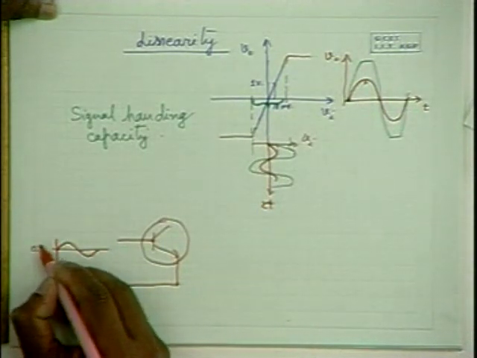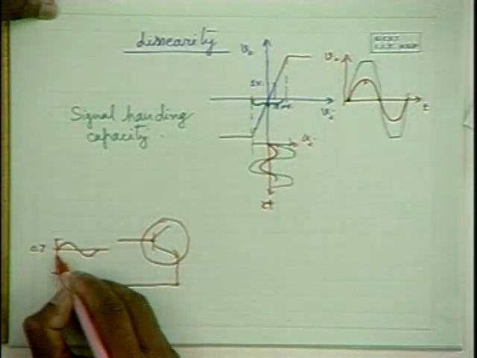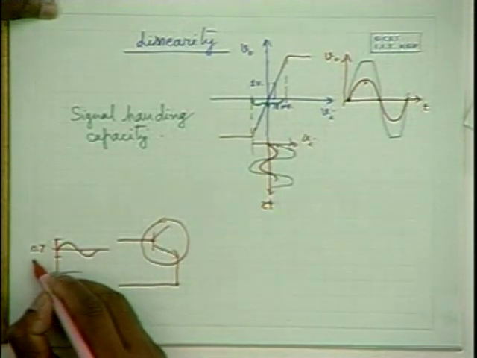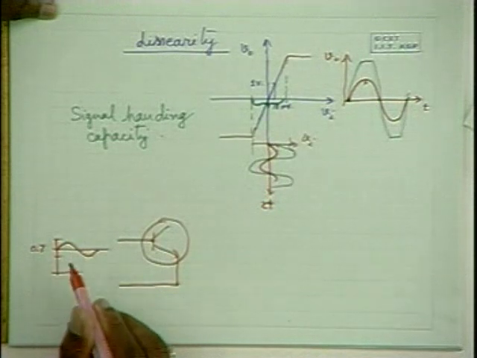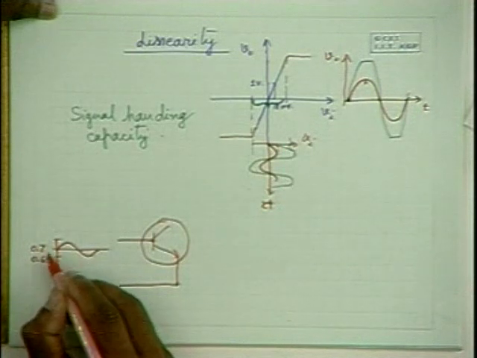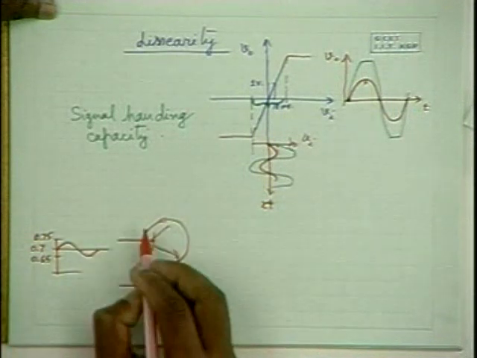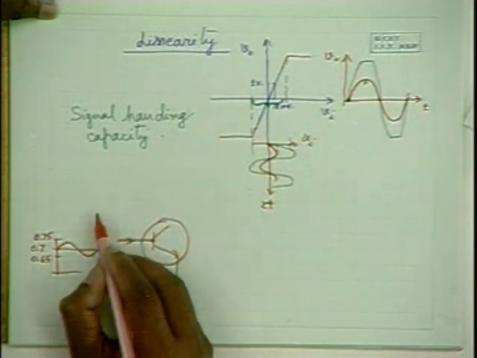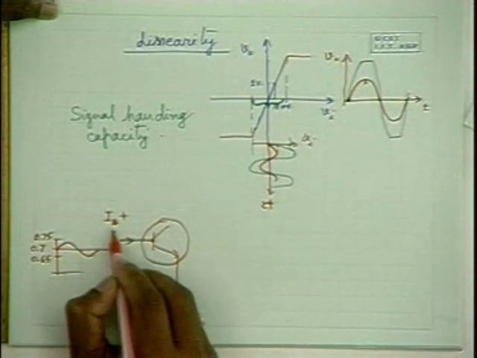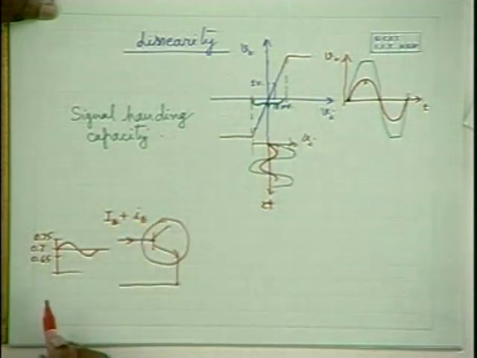In the previous example, we took the DC component as 0.7 volts at the base, and with 50 millivolts of signal added to it, its base to emitter potential will vary between 0.65 and 0.75, and because of this variation, the base current also has the biased base current plus some alternating base current.